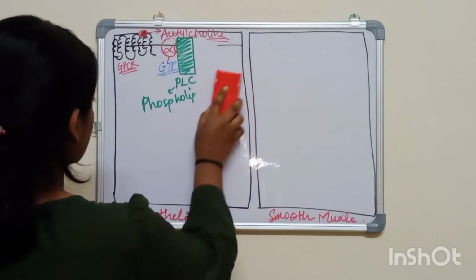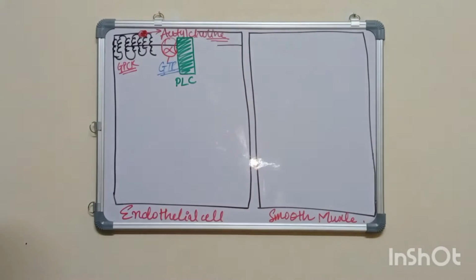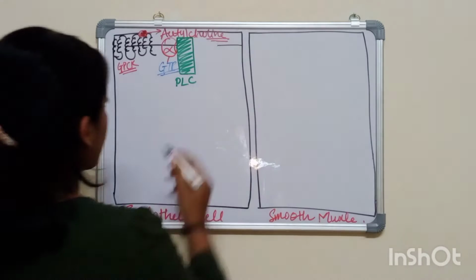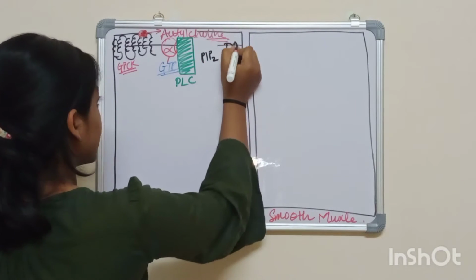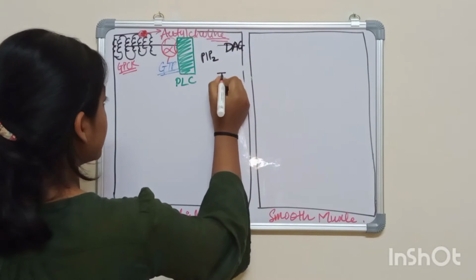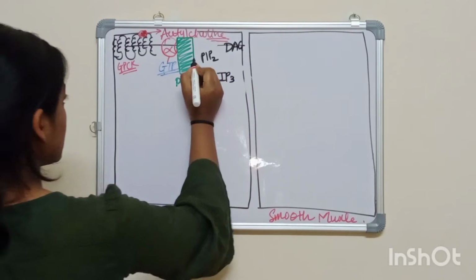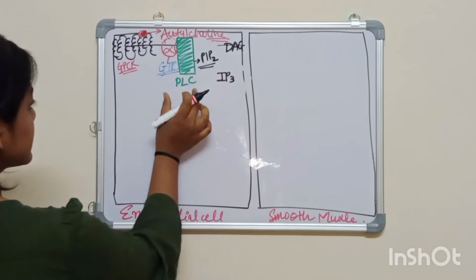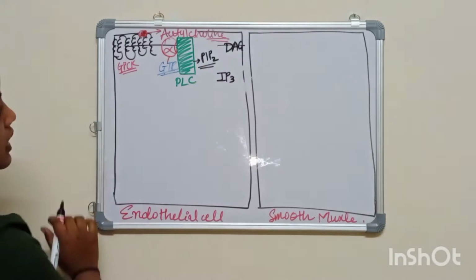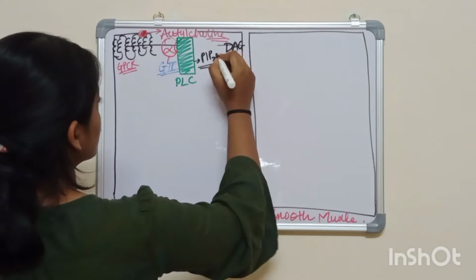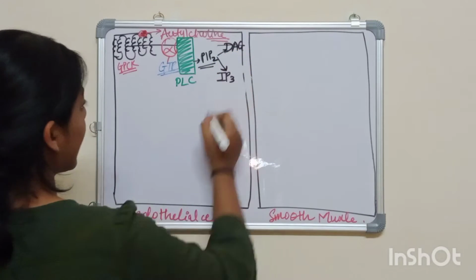Now what will PLC do? PLC will convert PIP2 into DAG and IP3.